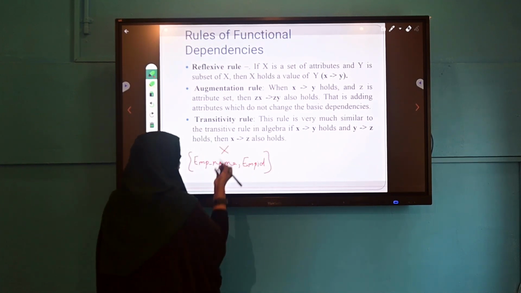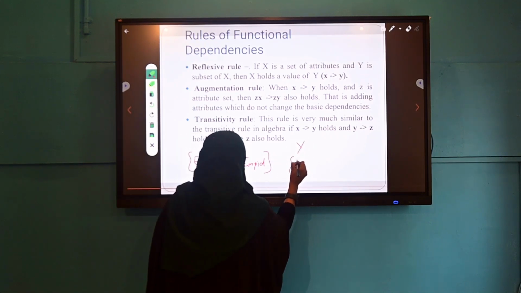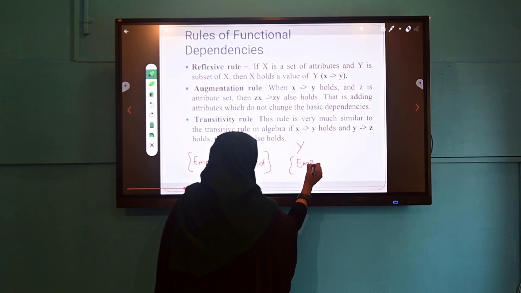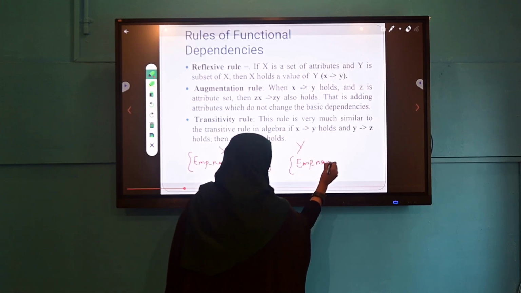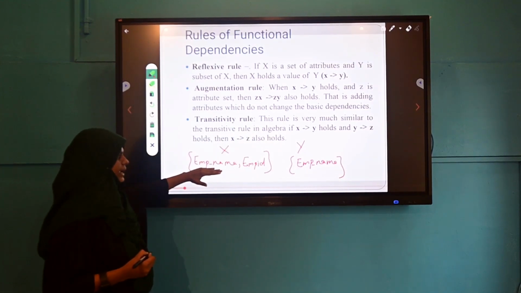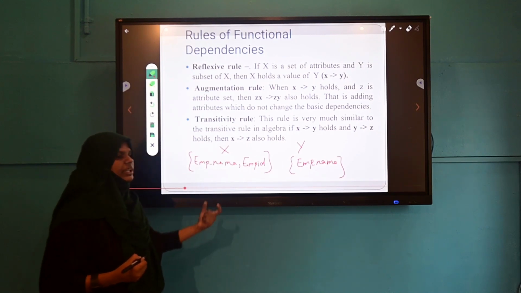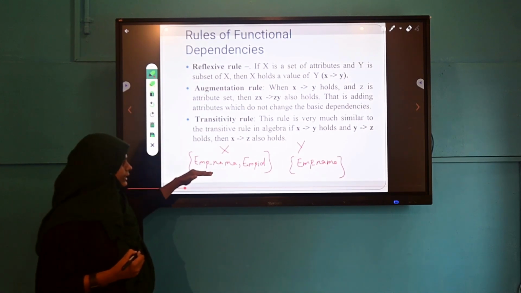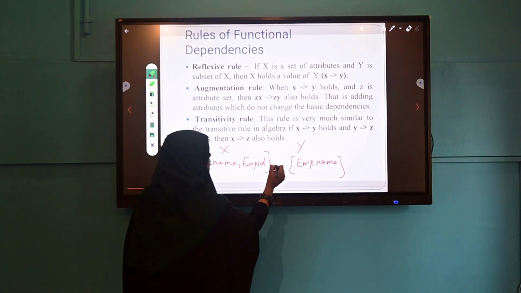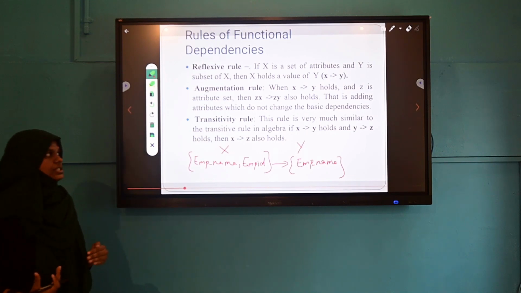This is X, and we will have another set Y, employee name. Here Y is a subset of X. That means employee name belongs to X. So we can say that this relation holds a functional dependency: employee name, employee ID gives employee name. This is known as reflexive rule.